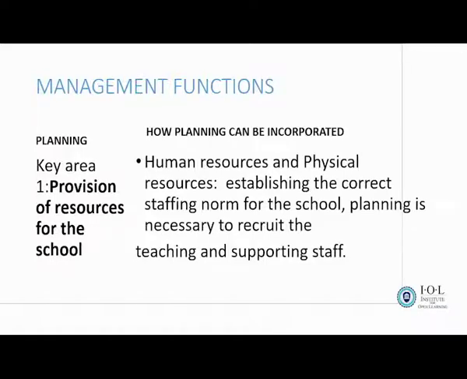But we are not now looking at it in isolation. Here we are looking at planning. How does planning, or how can planning be incorporated in the provision of resources? So that is a question that we are trying to address by looking at human resources and physical resources.